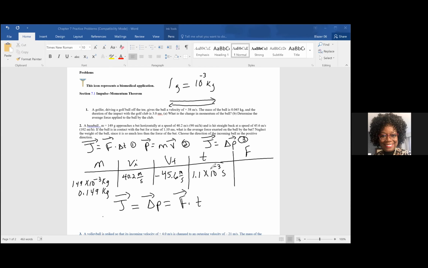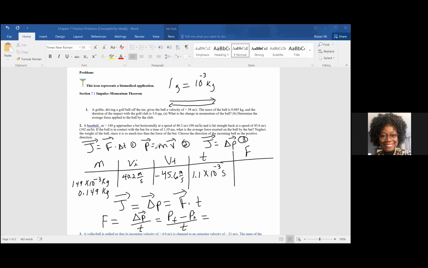I'm given the time, I'm given momentum, because I know both the mass and both speeds, so I can find the change. So I say that the force is equal to the change in momentum divided by the time. So now I will say the change is the momentum final minus the momentum initial divided by the time.